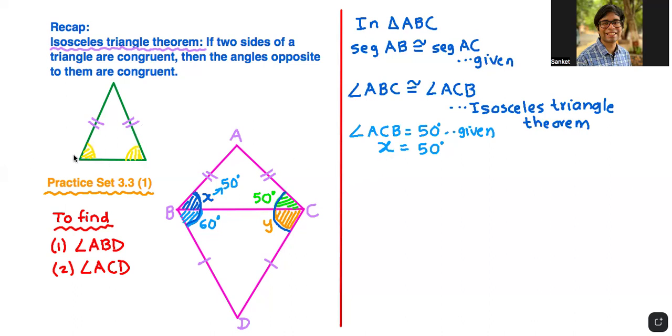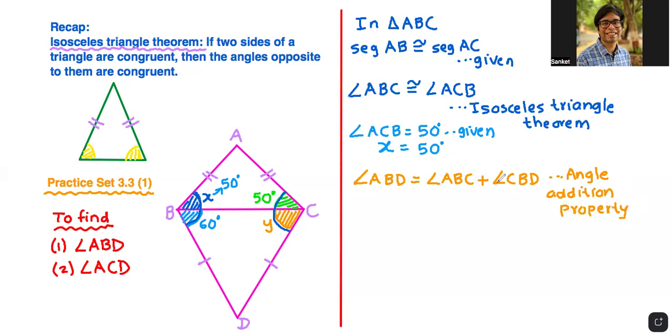So let's write that angle ABD is equal to angle ABC plus angle CBD. And I write the reason as angle addition property.